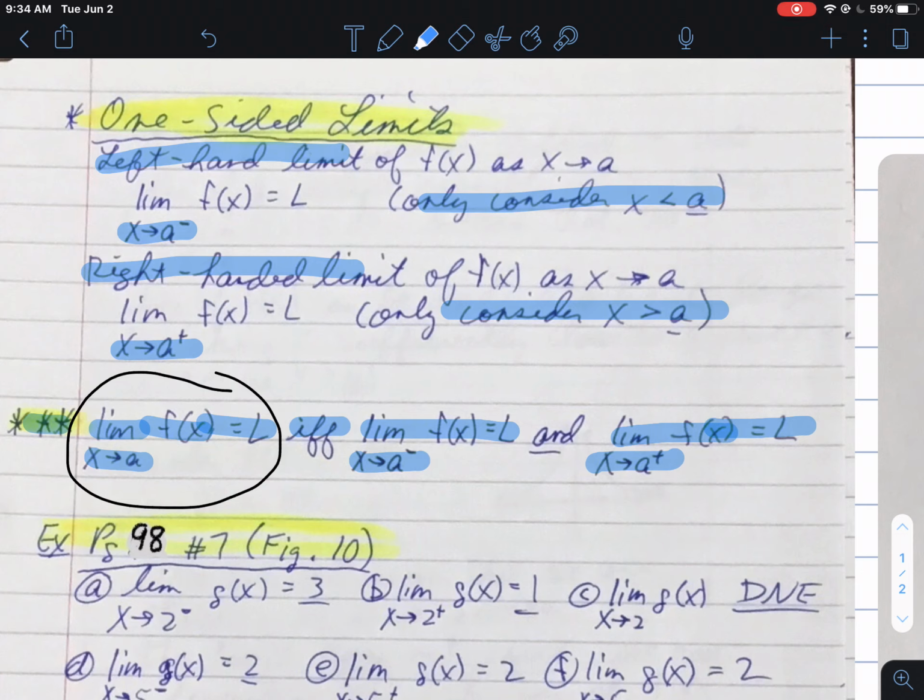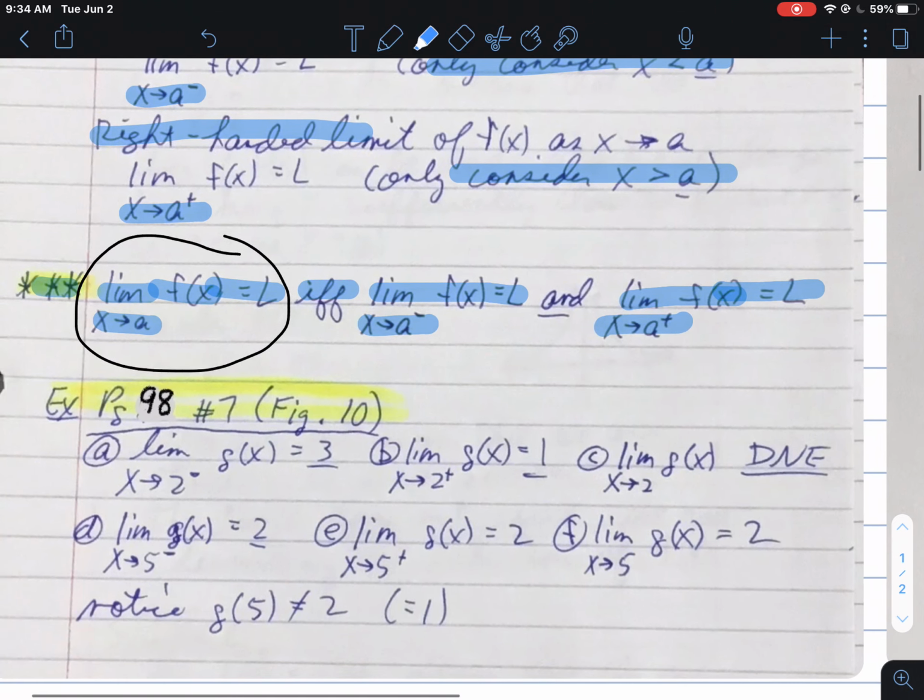And if I can look at the left-hand limit, evaluate that limit and get a value for L, and evaluate the right-hand limit, get a value for L, if those are the same, then I can say the overall limit exists. If they're not the same, then it doesn't. Right? So bottom line, it's a powerful statement. It's a pretty important statement, and it gets overlooked a lot in evaluating limits.